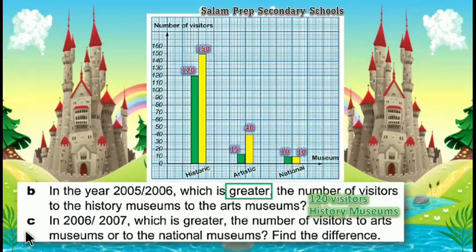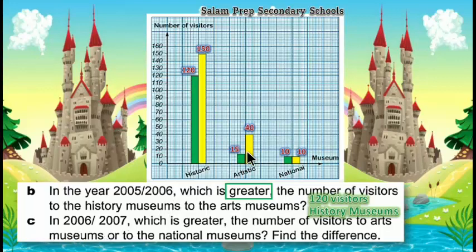The third requirement: in 2006-2007, which is greater? The number of visitors to arts museums or to the national museums, and then find the difference, okay? Please, we need to look at the year 2006-2007.